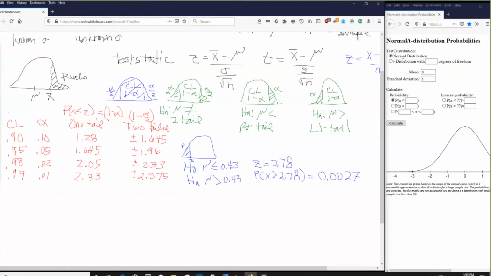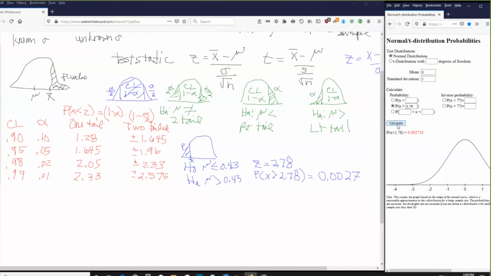Because I have a z-score, I can use the standard normal distribution, which means I can use a mean of 0 and standard deviation of 1, and plug in this value where x is greater than 2.78.